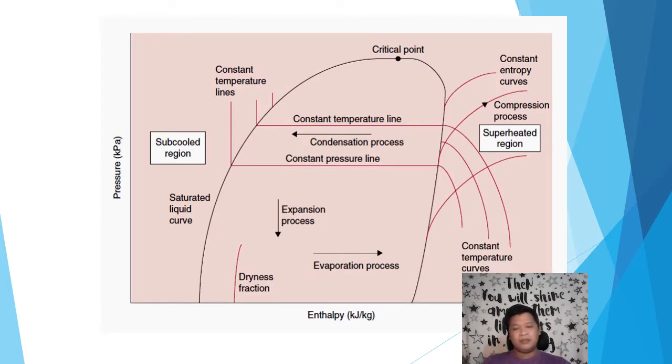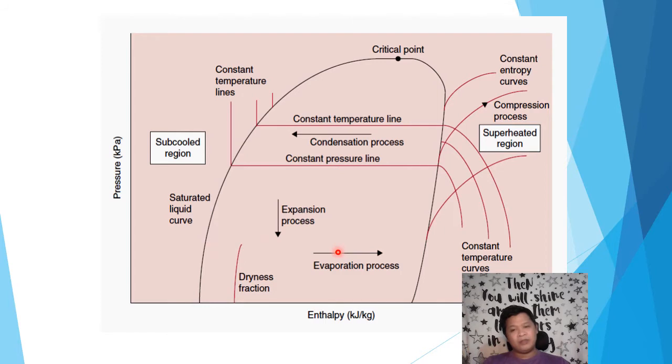Okay, so as you can see here, nakikita natin dito yung different na phases, no? So when you have expansion, it's a vertical line downwards where there is a decrease in pressure without change in temperature or enthalpy. Okay, and in the evaporation process, you would have an increase in enthalpy.